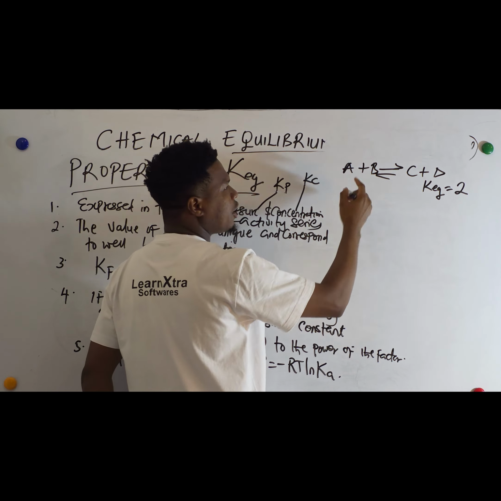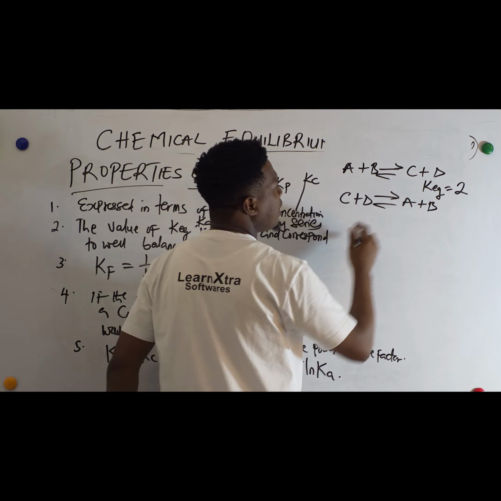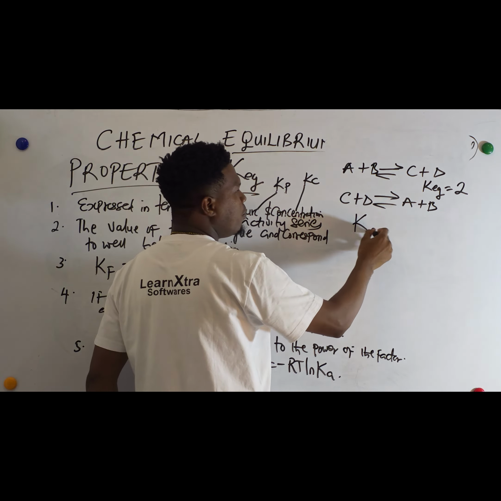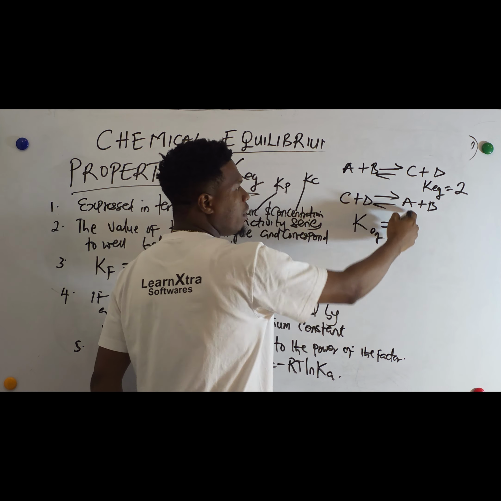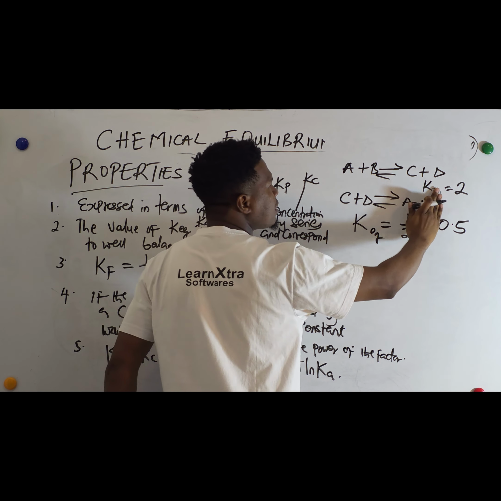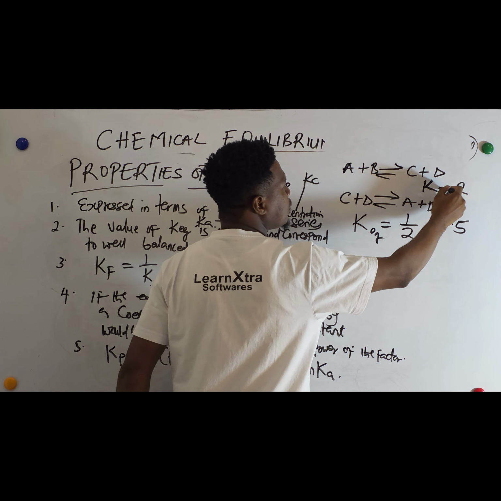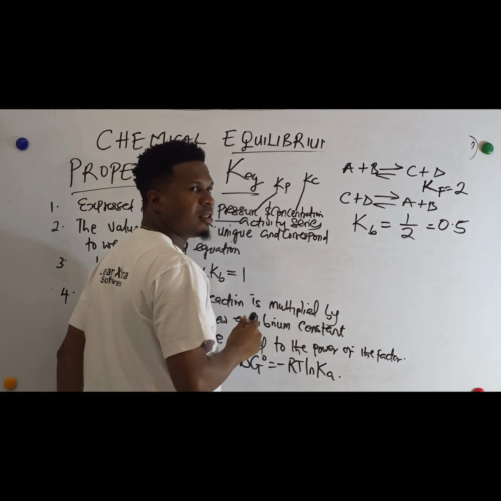If I reverse this reaction, C plus D to give us A plus B, the new equilibrium constant will be the inverse of this, which is 1/2, which is equal to 0.5. So if this is the equilibrium constant for the forward reaction, the backward reaction for the same reaction will be the inverse of this, 1 over this.